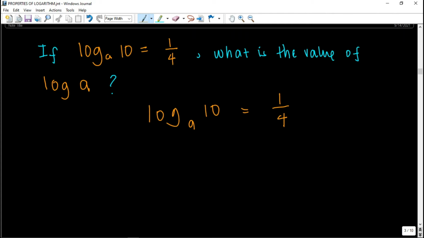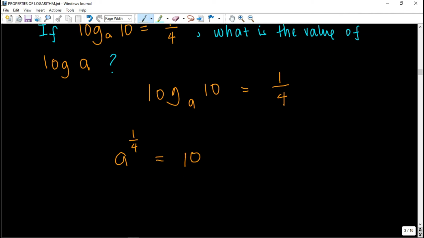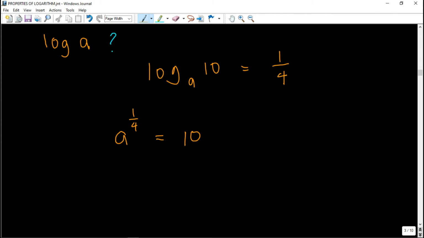So a raised to 1/4 is equal to 10. In order to extract a, we need to raise both sides to 4, so that 1/4 times 4 becomes 1. So we can extract a.